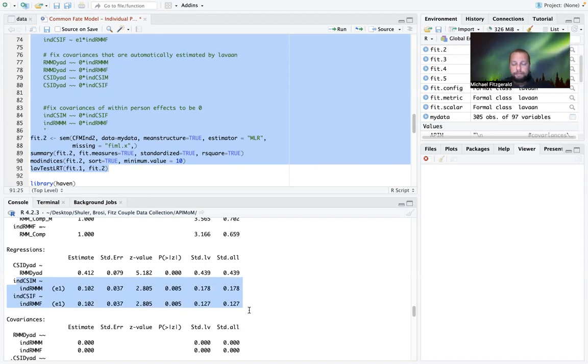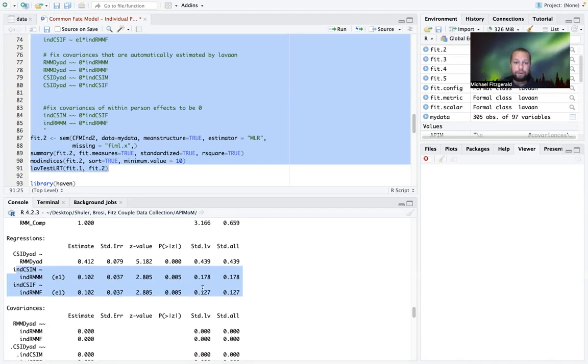But when we tell those pathways they have to be identical, they're actually accounting for a significant amount of variation within your model. So this is one of those times where, as the researcher, you're going to have to evaluate: do I have a theoretical reason to believe that men's reports of relationship quality, independent of what's going on at the dyadic level, have the same effect on relationship quality as in women?